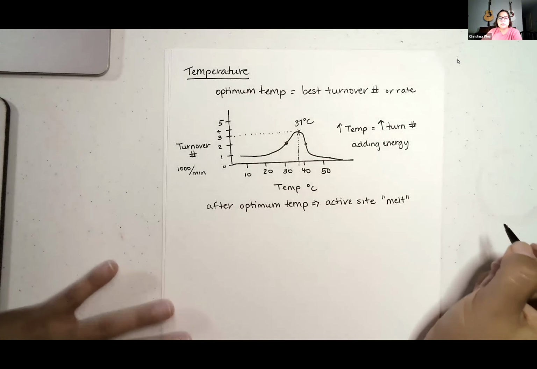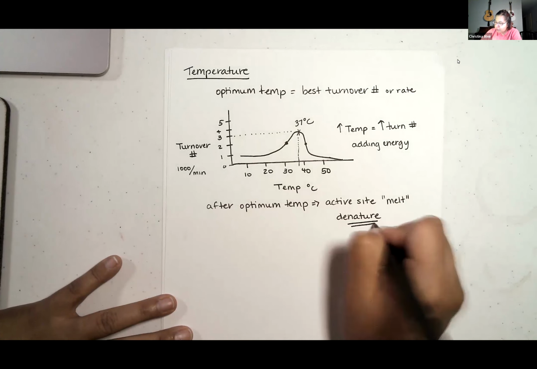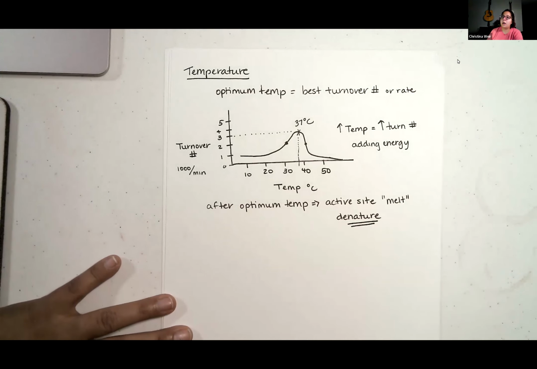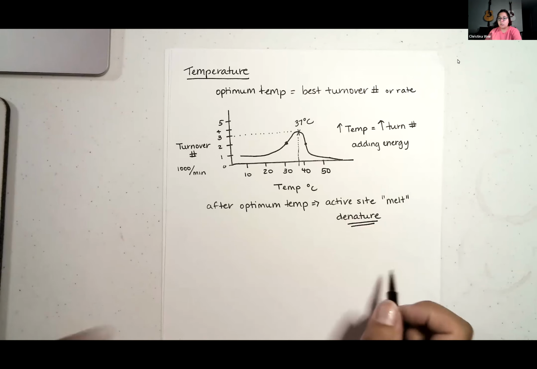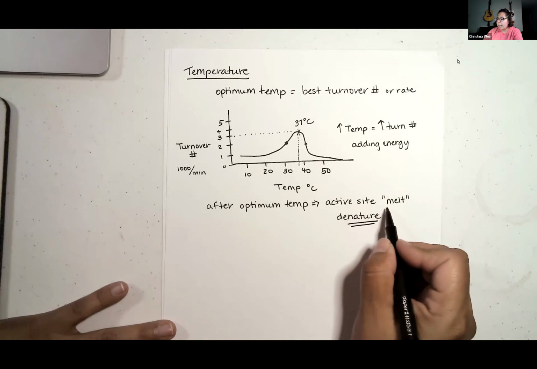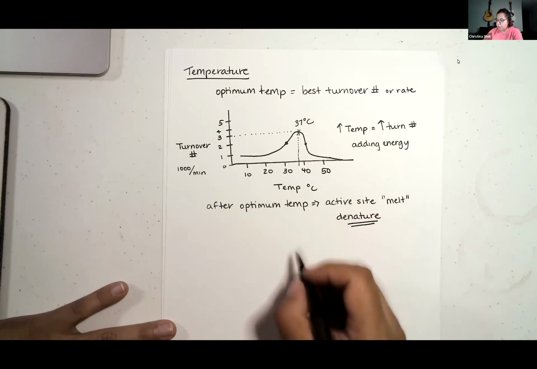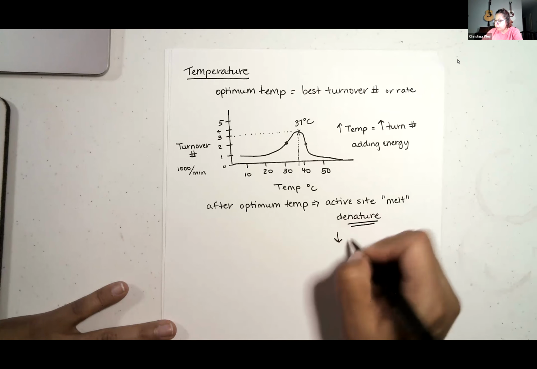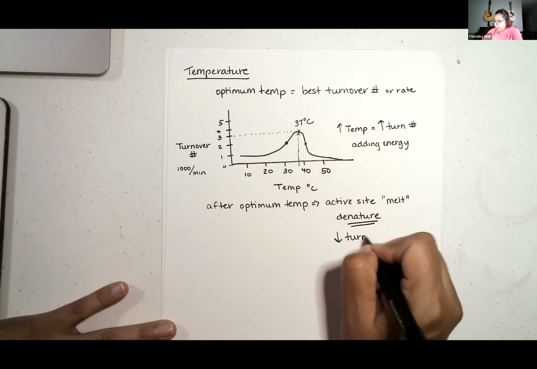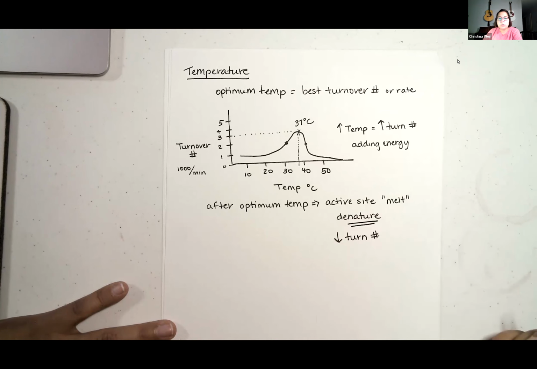And so the fancy word for that is we say that the enzyme begins to denature. This is a word that you're going to see on your quizzes for this chapter. What does it mean to denature an enzyme? That means that the active site has changed its shape. When the active site melts or changes shape, you lose the ability to do your job. So your turnover number starts to decrease.